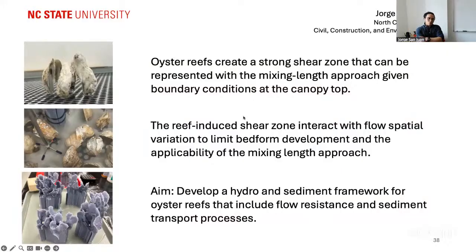He wants to focus more specifically, once again isolating processes, on the wave boundary layer interaction with this structure, and as a result, what type of sediment dynamics he will observe there.